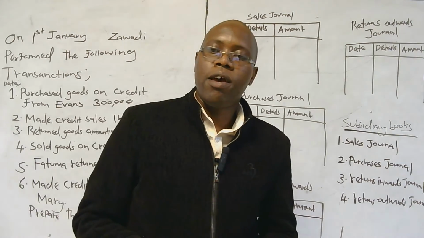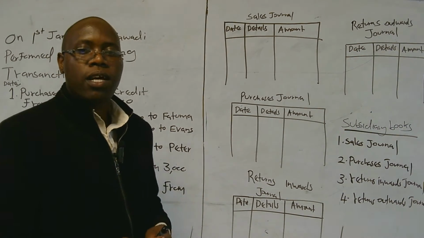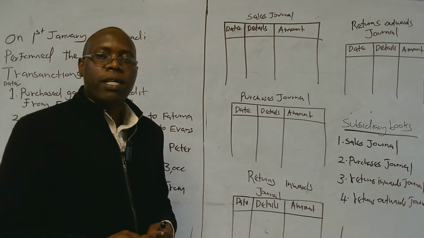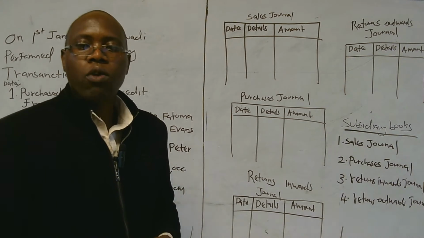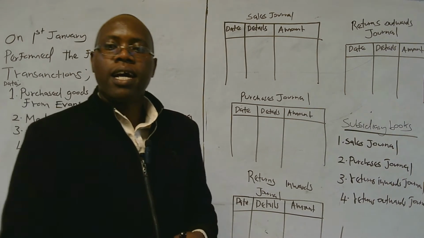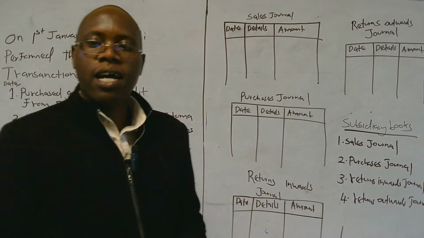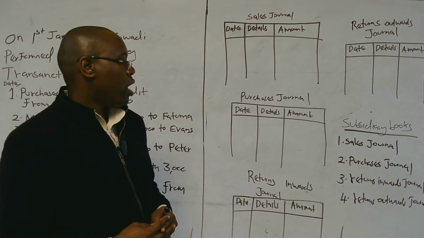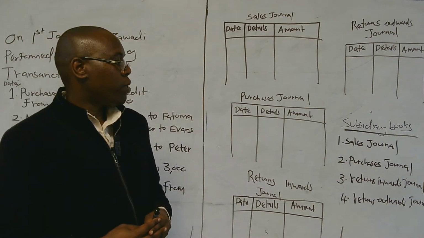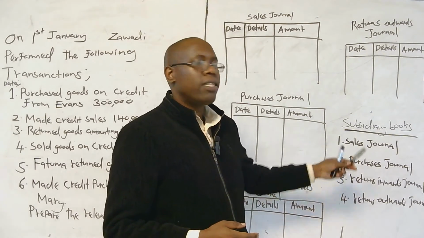Those are the four main books that I want you to understand: how to prepare the sales journal, how to prepare the purchases journal, how to prepare the returns inwards journal, and how to prepare the returns outwards journal.